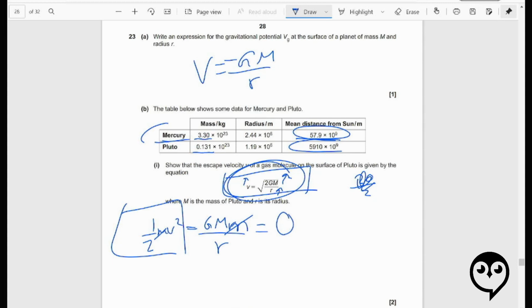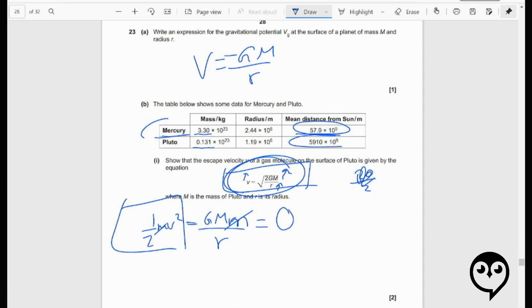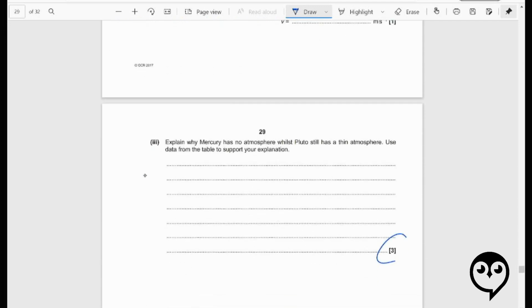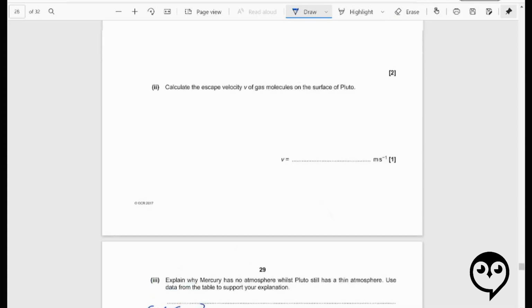The particles on the surface will have very high kinetic energy. If you want to get into your thermodynamic stuff, because there's a distribution of the temperatures, we can talk more about that in the thermo video, but you're going to have a root mean square value. Most of those molecules on Mercury will have the escape velocity for Mercury.